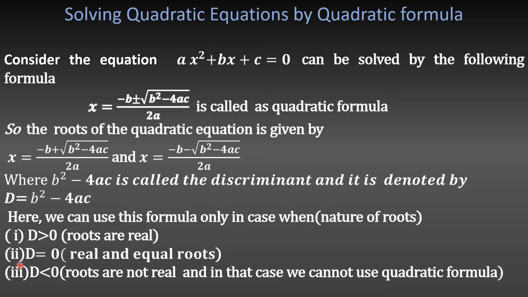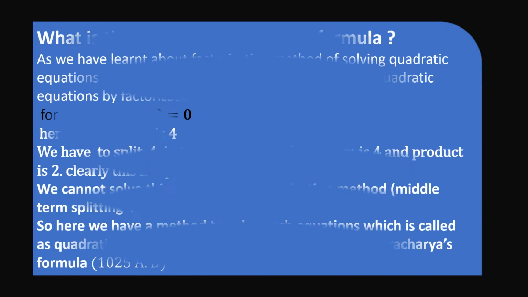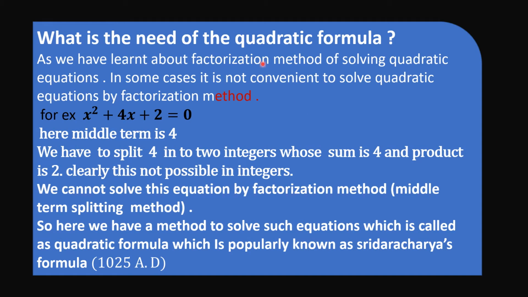When the discriminant is equal to 0, the roots are real and equal, and roots exist. But when the discriminant is negative, or less than 0, the roots are not real, and we cannot use the quadratic formula. So we need to understand the need of the quadratic formula.